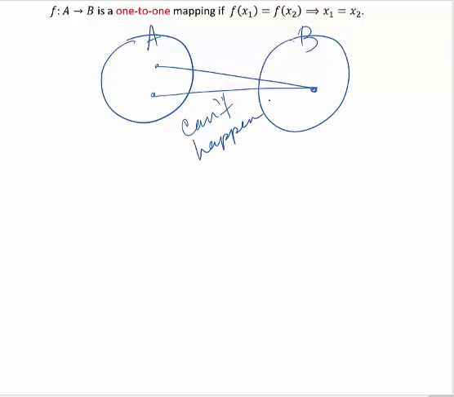A one-to-one function maps, if f of x1, let's say this were x1 and this were x2, if f of x1 is equal to f of x2, it must mean that x1 is equal to x2. In other words, one element in A is assigned to one element in B, and one element in B is hit by one element in A, excuse me.